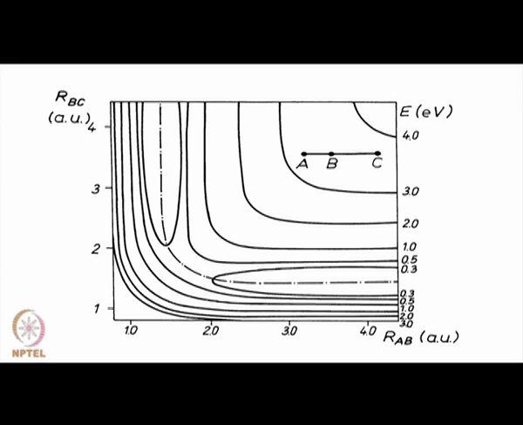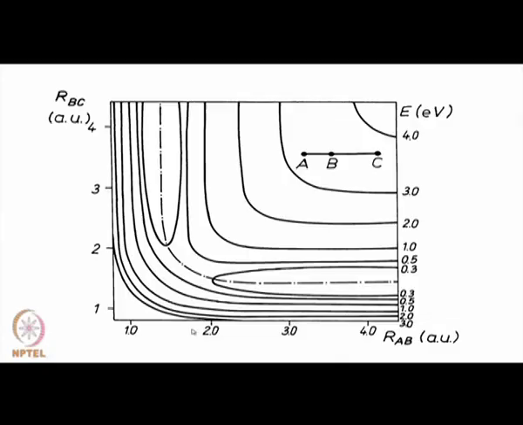It's a 3-dimensional one, because you will have another axis projecting towards you. So this way you can generate the potential energy surface for various reactions. The example which we have used over here is the simplest example, a hydrogen exchange reaction.